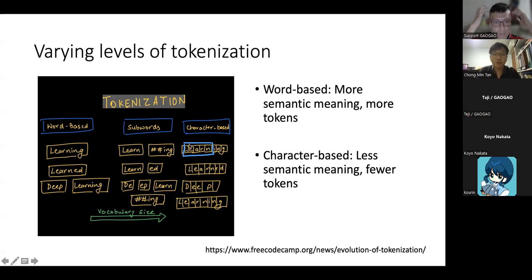Character-based means you take all the characters, these letters, one by one: L, E, A, R, N. Of course, the more macro concept is if you take the word totally, like learning, learn, deep learning. Then there's an in-between also. Why is there an in-between? Firstly, character-based is great for the number of tokens because there are very few tokens, very easy to encode into the computer.